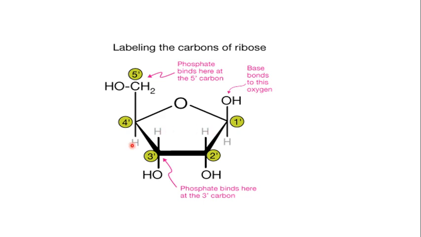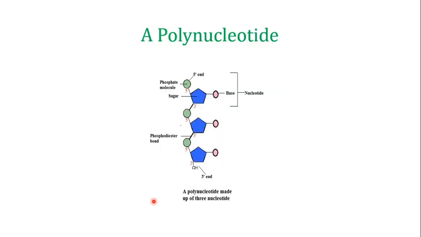So this sugar is actually making 3 interactions. At the position number 1, the bases are attached. At the position number 5, the phosphate group is attached, and it uses its position number 3 to interact with the other nucleotides to make a polynucleotide or a single strand of the DNA.